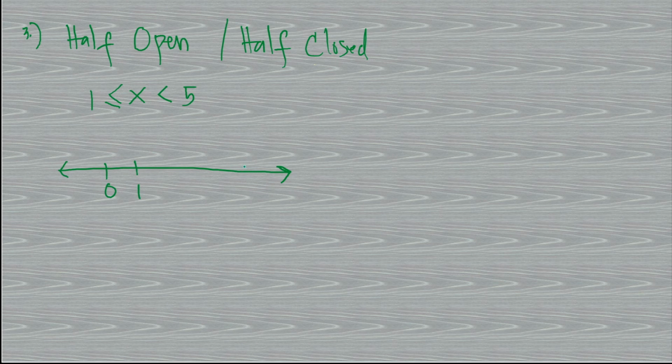Let's say 1 is here and 5 is here. So closed on the left side but open on the right side. On the left side, we'll be using a bracket, and on the right side, we'll have a parenthesis. So this is half open. Closed at 1 but open at 5, and we will include values from 1 up to 4.999, excluding number 5 because it is open at 5.